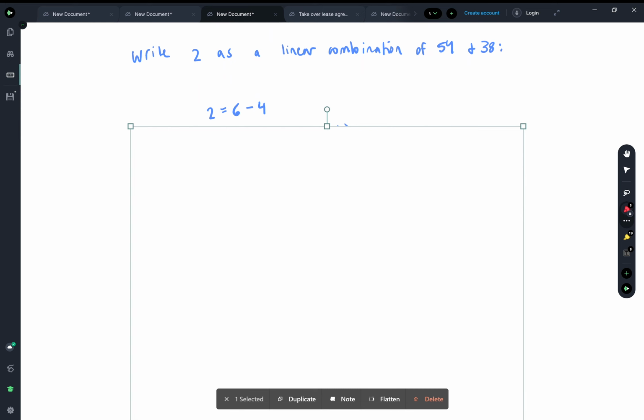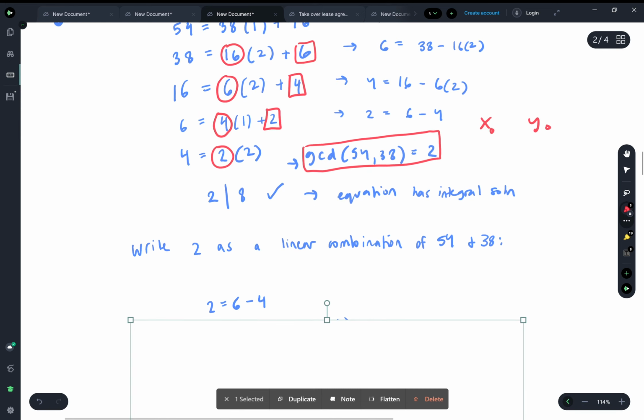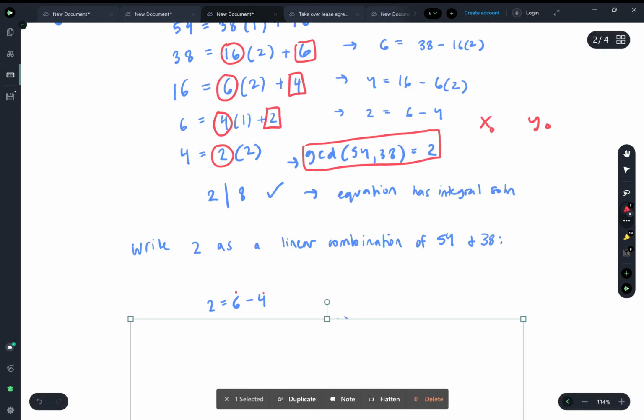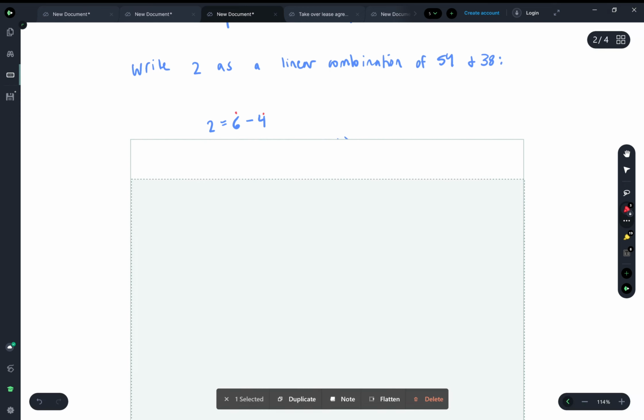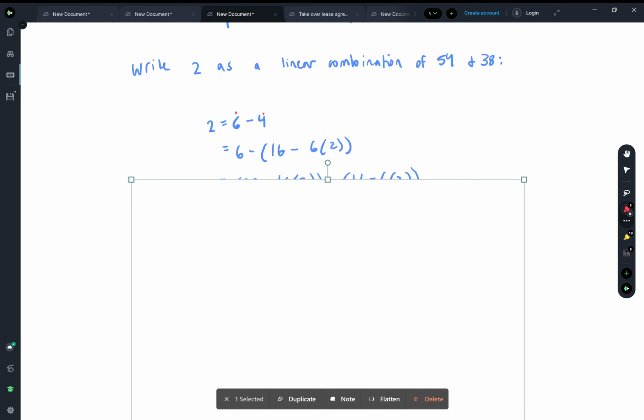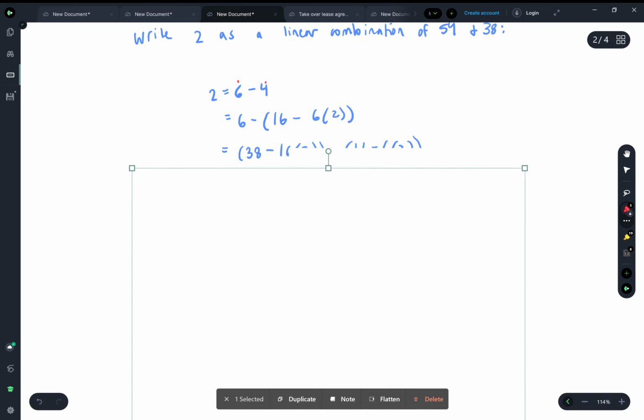So we can rewrite 6 and we can rewrite 4, because we have 4 equals 16 minus 6 times 2, and we have 6 equals 38 minus 16 times 2. Exactly, here I replace the 4 with 16 minus 6 times 2, and I replace the 6 with 38 minus 16 times 2.